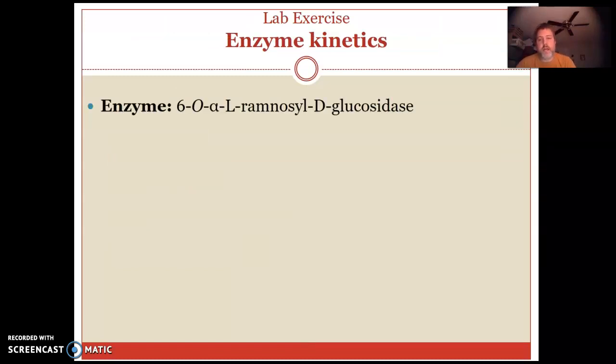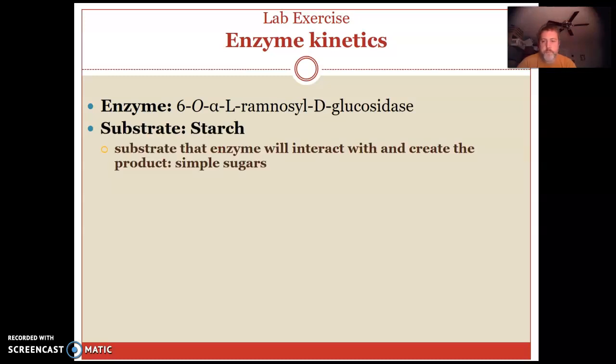So in the lab exercise, the enzyme we're looking at is, I forget what the O is, 6-O-alpha-L-rhamnosyl-D-glucosidase. Looking at that name, we would think it has something to do with glucose.